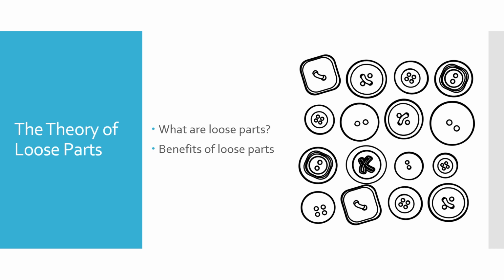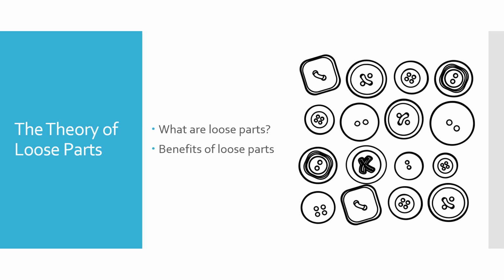They can be egg cartons, and they can also be natural materials such as sticks, rocks, seashells, leaves, wildflowers, and of course many other different things as well. So the benefits of these types of materials is that, first of all, if they're recycled or if they're natural materials, they are either free or low cost, and also it helps children to really use their creativity to use these parts in different ways, and it helps them in their play.